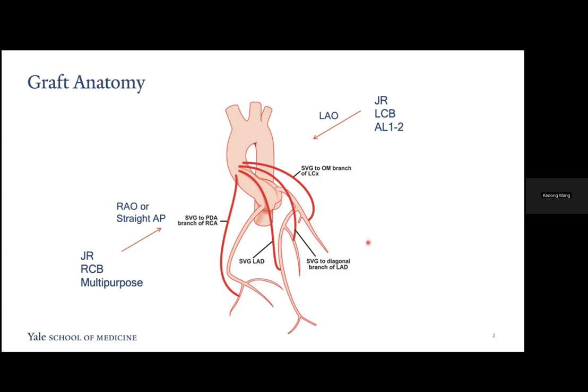For vein grafts to the right, I usually start with a JR catheter, then an RCB perhaps, with a low threshold to use a multipurpose, because oftentimes it's a straight shot, given the downward position of the SVG to the RCA. And for vein grafts to the left, I usually start with a JR because it's readily available, and you can try it, but sometimes you might have to upgrade to an LCB or AL1 or even AL2.